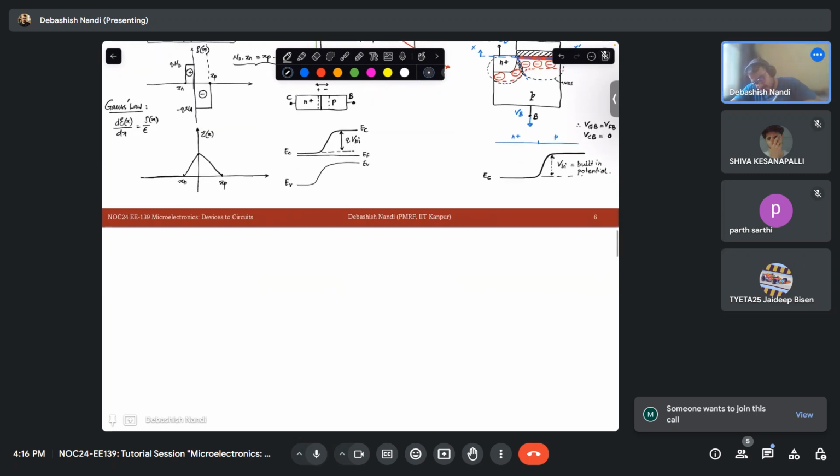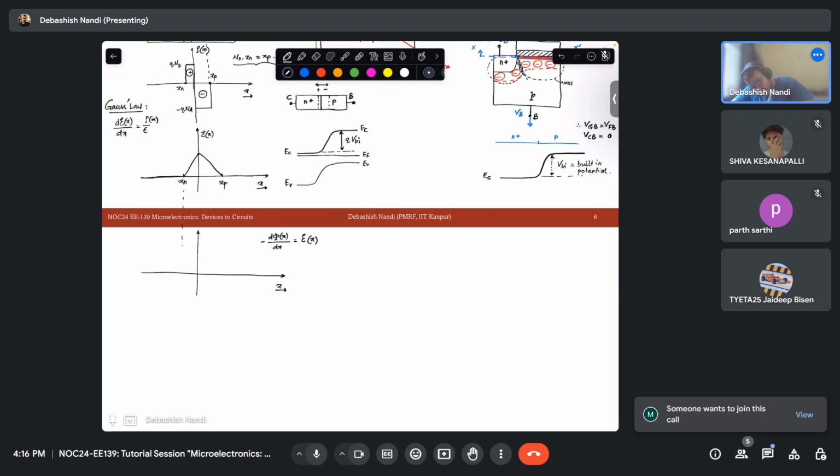And now from electric field, how do you plot your potential? These are all on the x-axis. What is the relation? d phi of x over dx is equal to minus the electric field. This is the potential relation, which we discussed in the last class also. So if you know your electric field, you just need to integrate that and invert the sign.